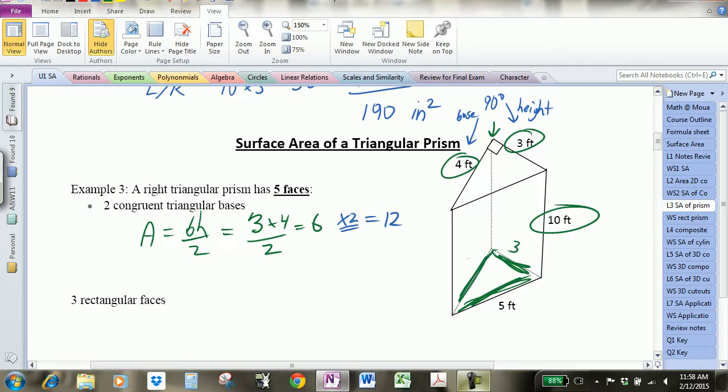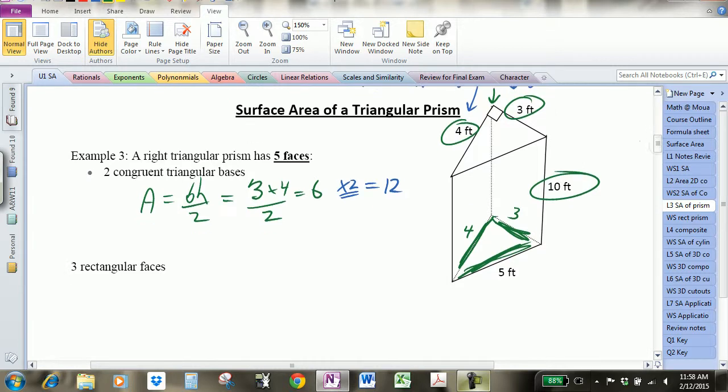So you have to make sure you identify which height is shared and which one of the triangle goes with the 10. Okay, so it's going to be 3 rectangular faces, 3 by 10, 4 by 10, 5 by 10. And that's why it's important to identify the proper triangular dimensions.